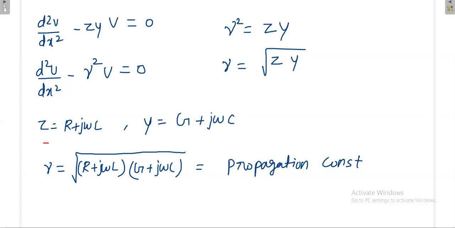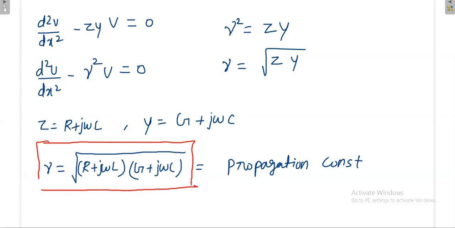The propagation constant in a transmission line is the square root of (R plus j omega L) and (G plus j omega C). Derivation is not important, only the result is important. This is the result of this derivation.